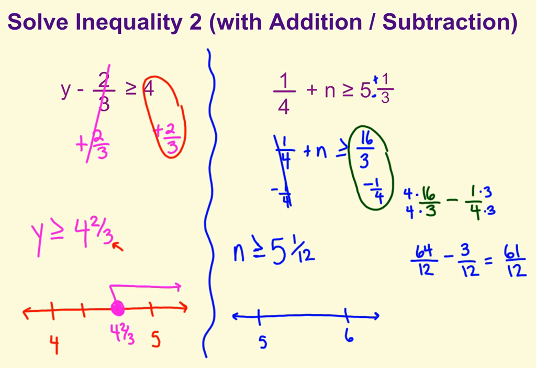And if you divide that on your calculator, you do get a 0.08. So that's not even to 5.1. So we'll go ahead and say that's right there. It's really close to the 5. 5 and 1/12. Alright, it's a greater than or equal to, so closed circle. And then which way are we shading? Greater than. We're going to shade to the right because those are all the numbers greater than 5 and 1/12.